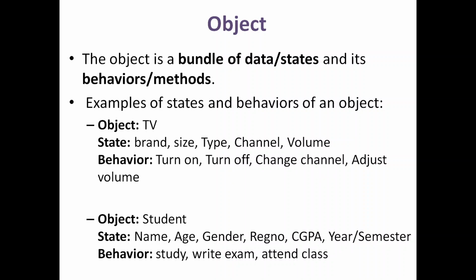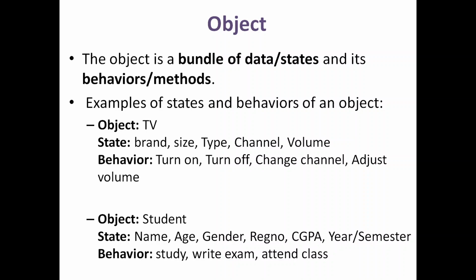Another example is let's consider an object of a student class. So a student is treated as an object. In that case, the student's characteristics or states are name, age, gender, register number, CGPA, and the year or semester he is studying. And similarly, again in this also we can see some states are static, they cannot be changed, the name cannot be changed, the gender cannot be changed.